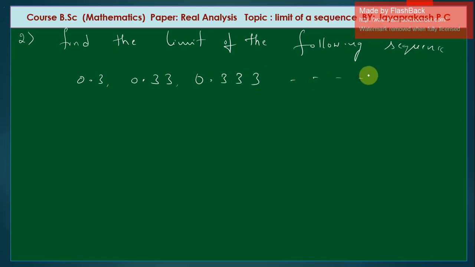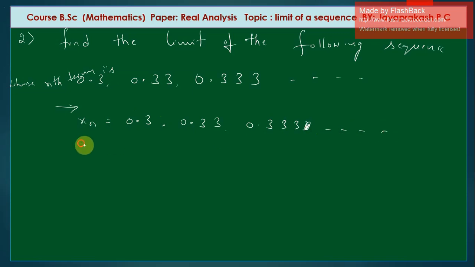Find the limit of the following sequence whose nth term is 0.3. Solution: take xn equal to 0.3, 0.33, 0.333, dotted line.